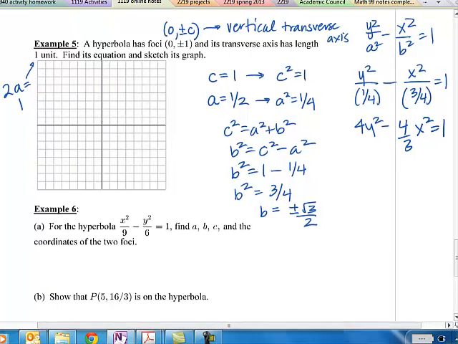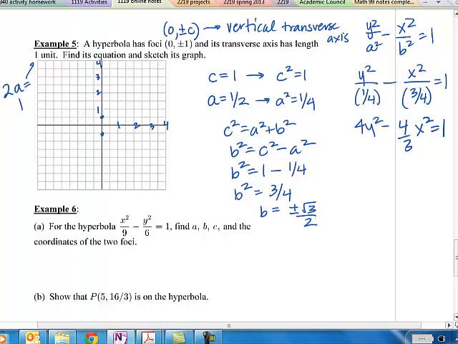We've got up and down a half for the vertices. So let's say this is 1, 2, 3, 4, 1, 2, 3, 4 for our scale. So each tick mark is 1/2. The vertices are on the y-axis. And then we'd use square root of 3 over 2 for our b to generate this central box in our asymptotes.